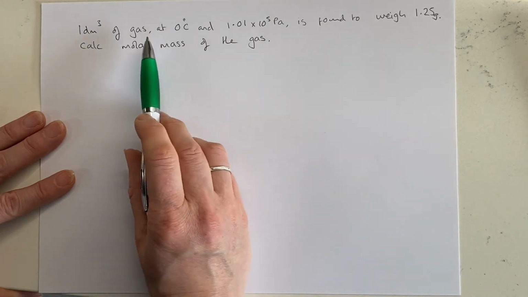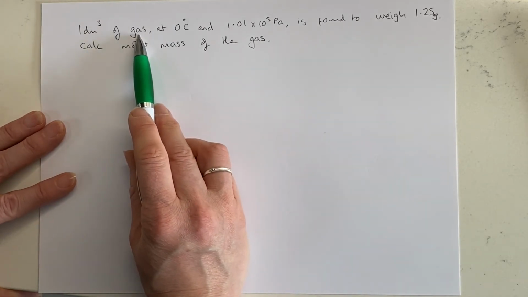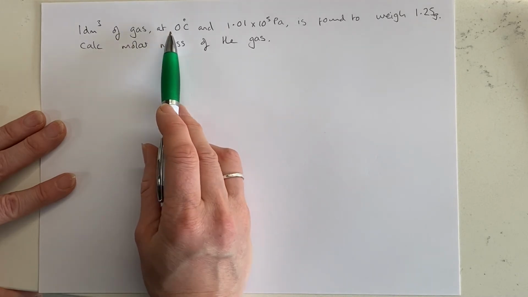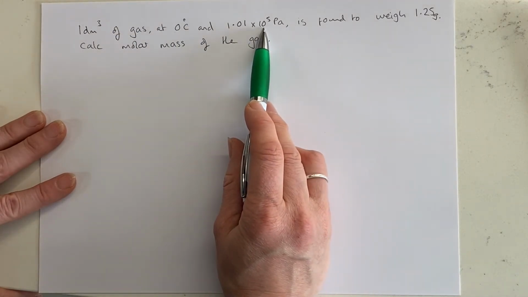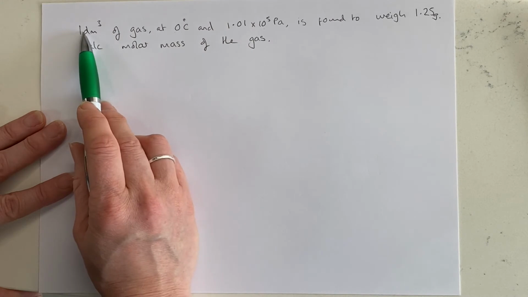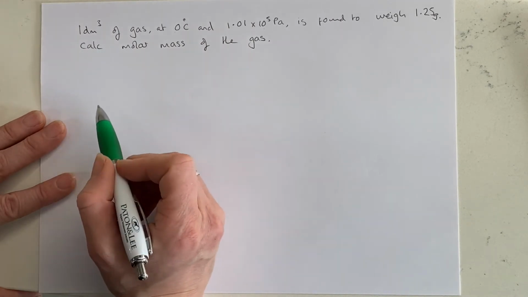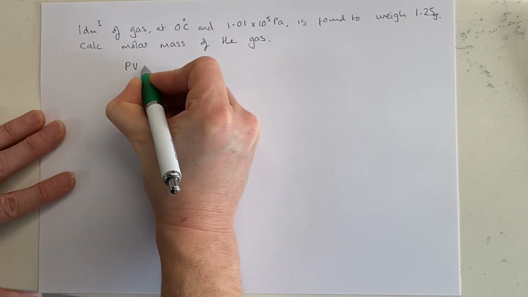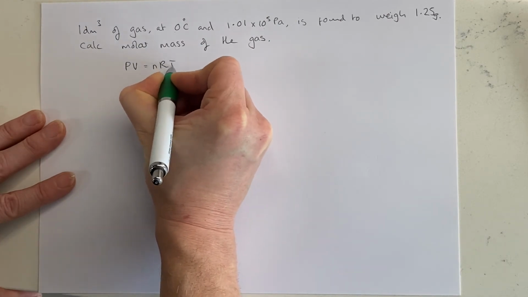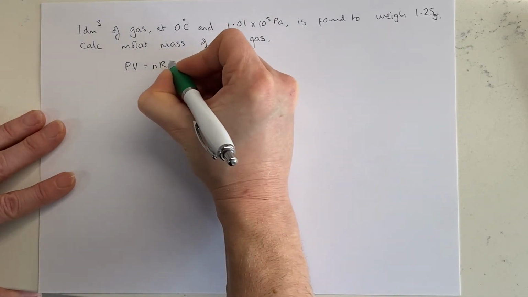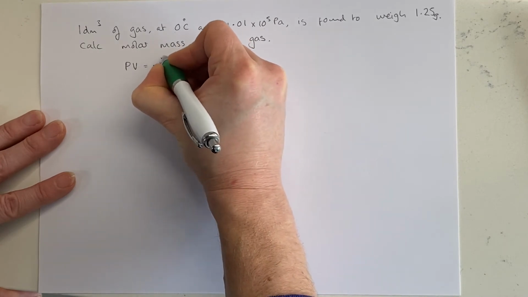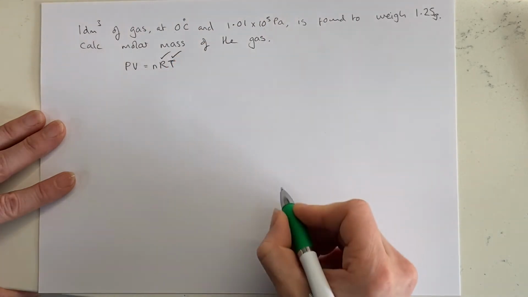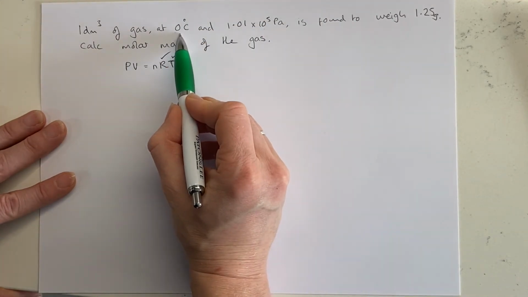So if I was doing this question, I would spot that it was about gases. So I think, right, I need to do a calculation about gases. I've got a temperature, and I've got a pressure, and I've got a volume. So then that makes me think, okay, I need to use the ideal gas equation. So PV equals nRT. So I sort of start thinking about, what do I know? I know R because it's a constant. I know T because I'm given my temperature.